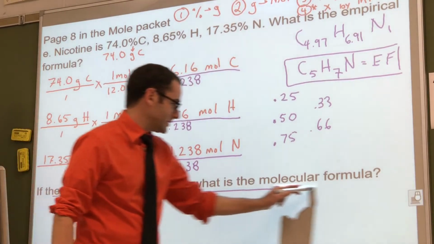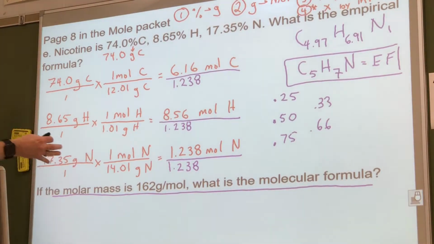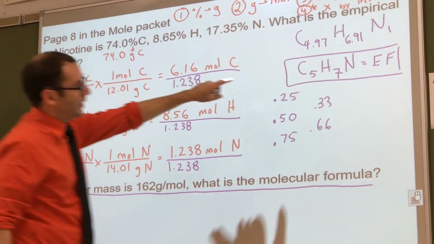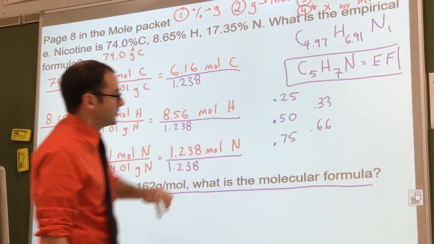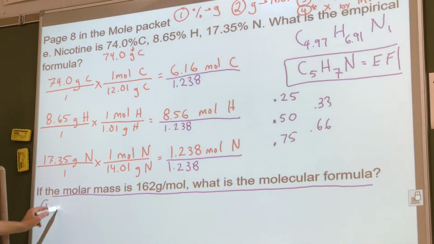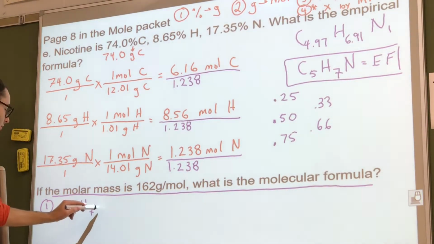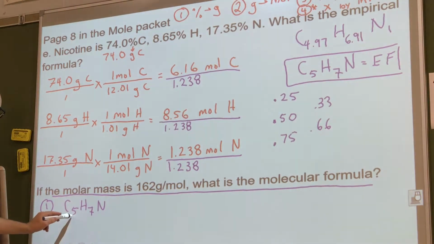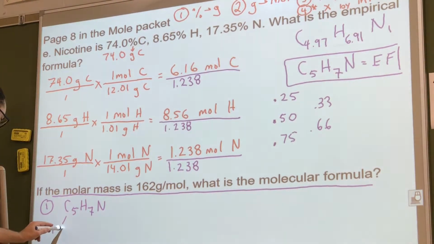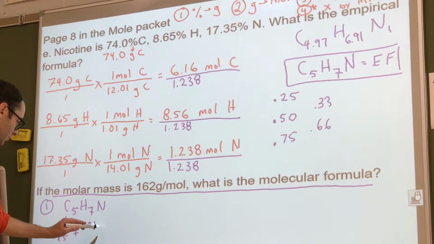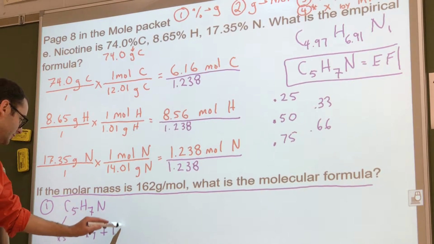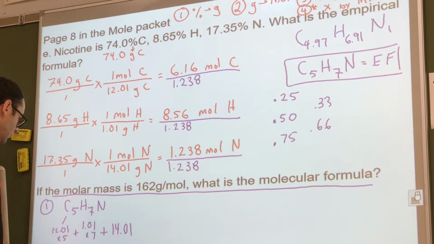Next part is this. First step, we need the molecular mass of this, all right? So we're going to figure that out. C5H7N: carbon, we know, is 12.01 times 5, plus hydrogen's 1.01 times 7, plus nitrogen's 14.01.